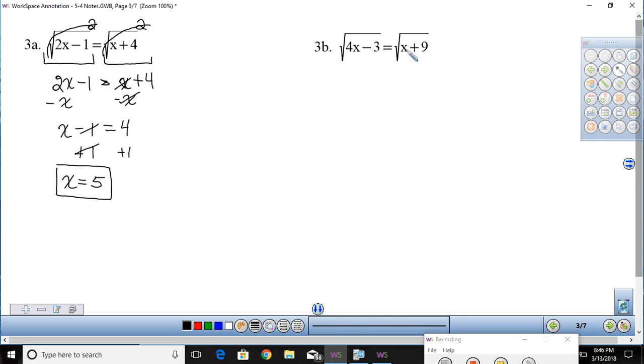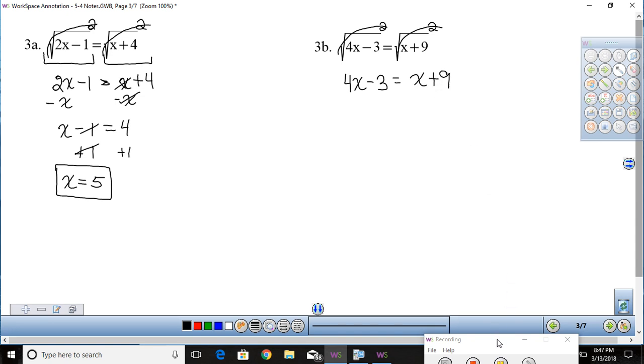Okay. So we could do the same thing on this one because we have a square root equal to a square root, and there's nothing on the outsides of the square roots. So I'm going to square both sides because that's going to cancel my square roots on both sides. So that leaves me with 4x minus 3 is equal to x plus 9.